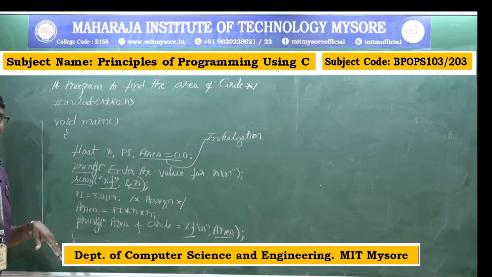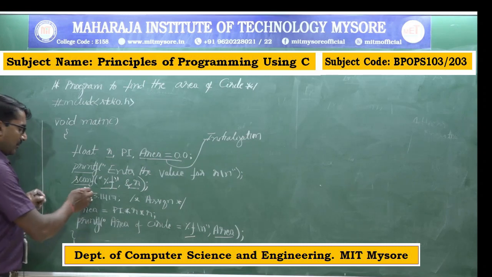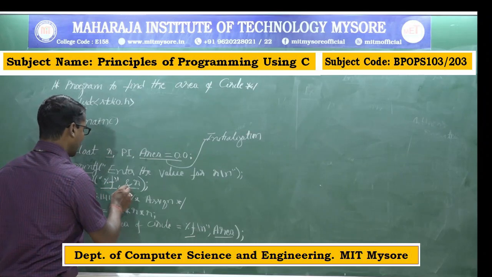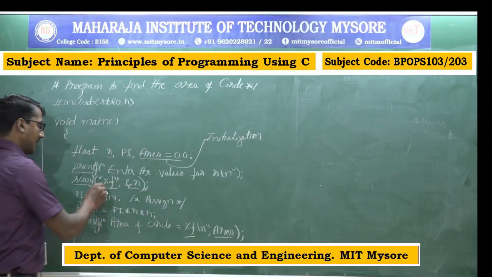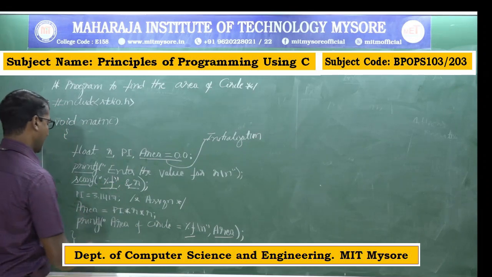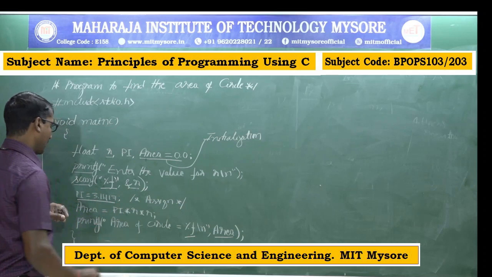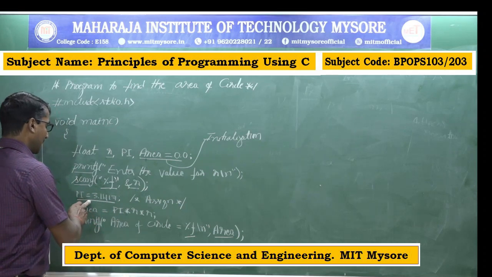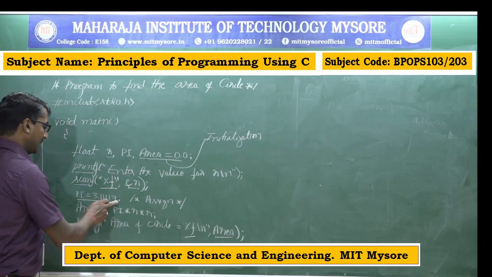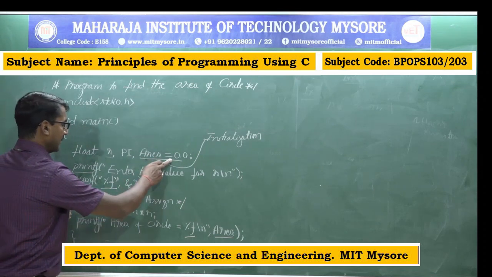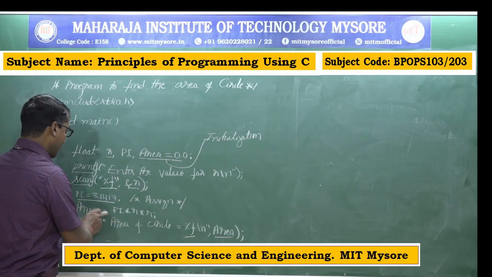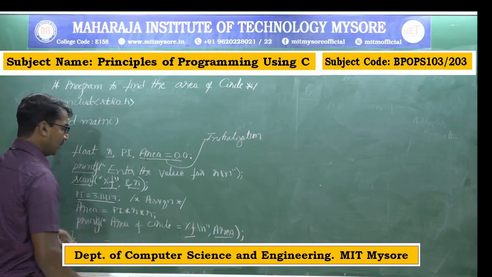Next, we are reading the value into the variable r by using the scanf function: scanf %f comma address of r. %f is the control string; it specifies the floating point variable. Next, assigning the value to pi by using the assignment operator, pi is equal to 3.1417. Then the calculation, area is equal to pi into r into r.